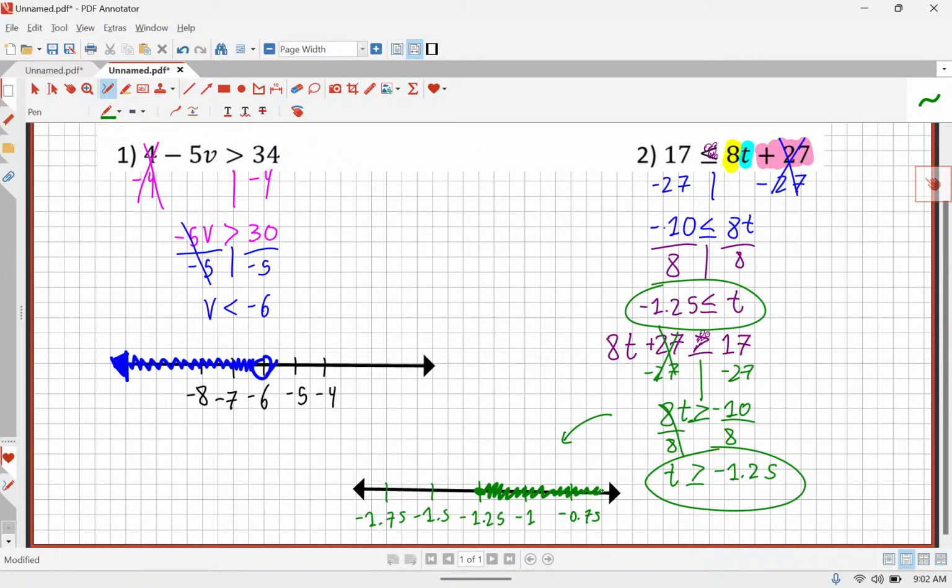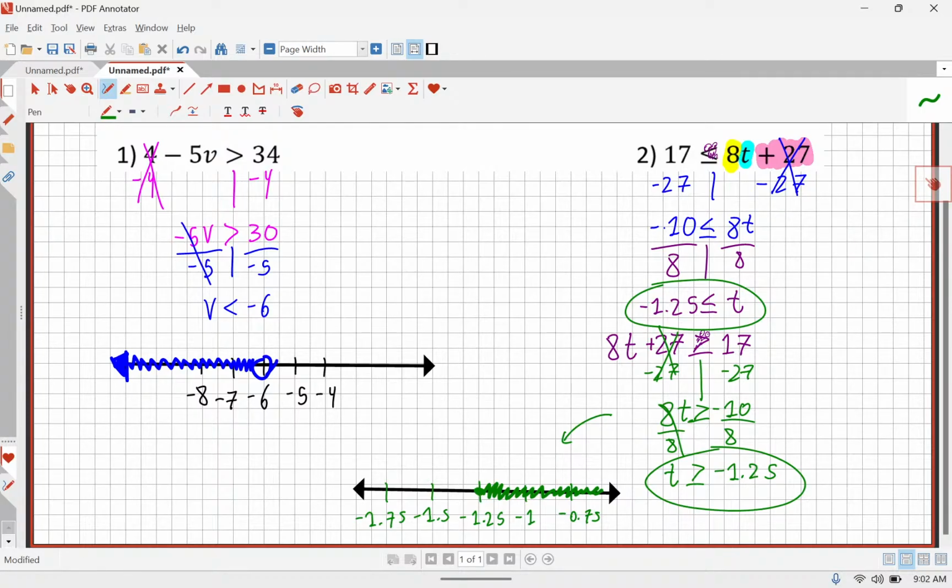Give me a thumbs up if you agree with Melissa and a thumbs down if you disagree, or a thumb to the side if you are not sure. So Melissa is correct. First of all, guys, it's a solid dot because is negative 1.25 greater than or equal to itself? Yeah, it's equal to. That's the difference.